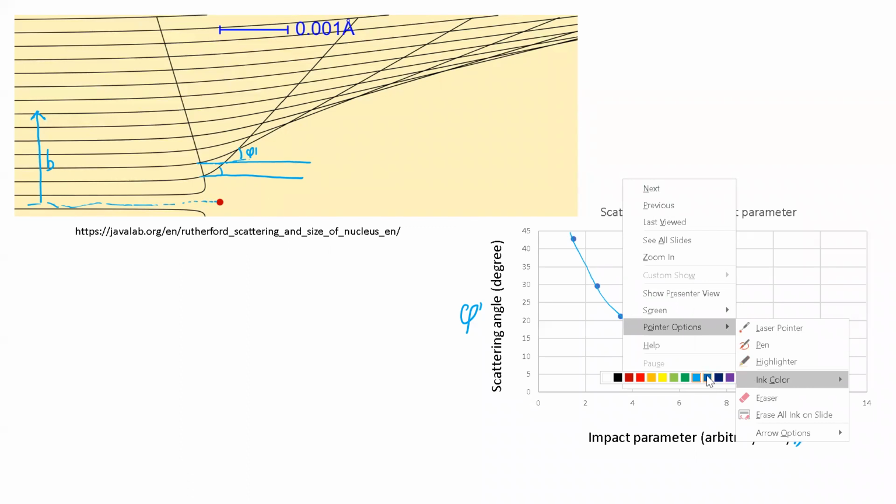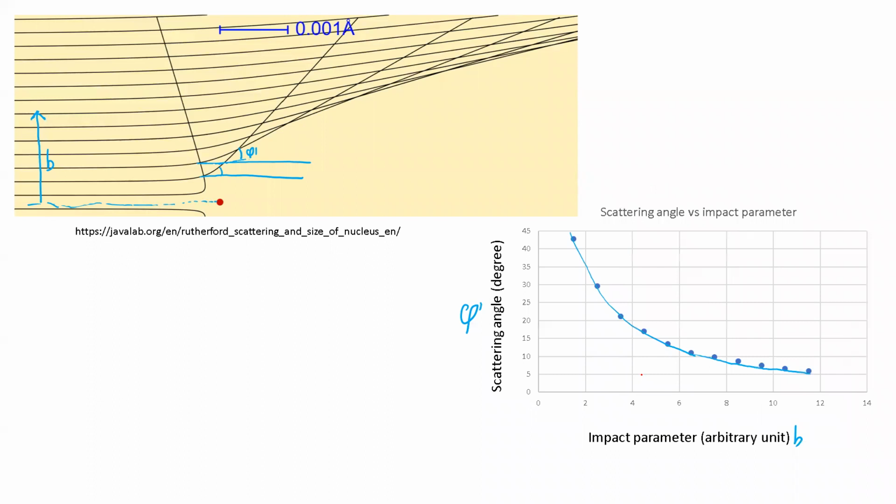It has to be very small, but just for illustration purposes, I'll make it a bit bigger. Suppose I want to look for the particles that are scattered into the angular range between 35 and 40 degrees. If I want that, what is the range of impact parameter that I'm allowed to take?